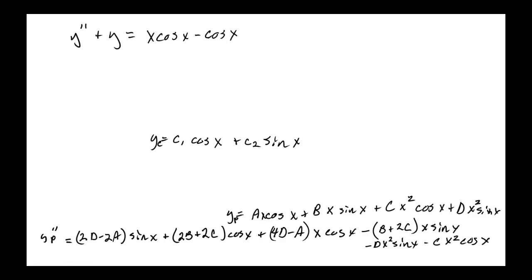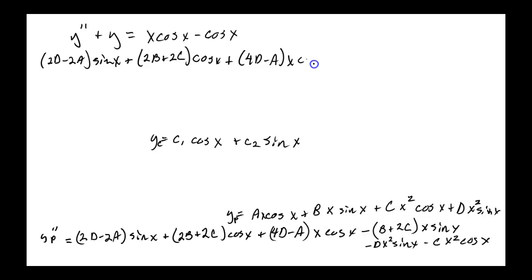So combining those together, yp double prime up here is going to be, this is a pain, but I'm going to write it again, 2d minus 2a sine x plus 2b plus 2c cosine x plus 4d minus a x cosine x minus b plus 2c x sine x.